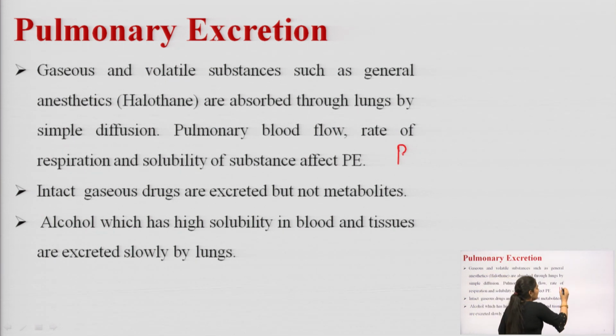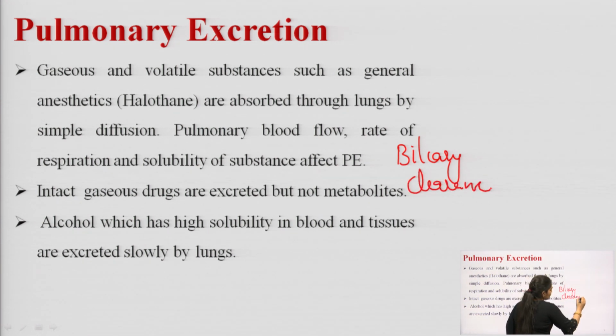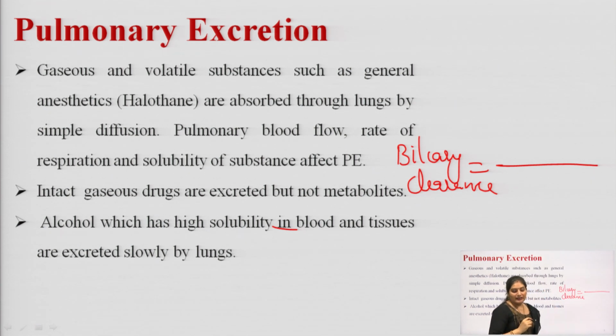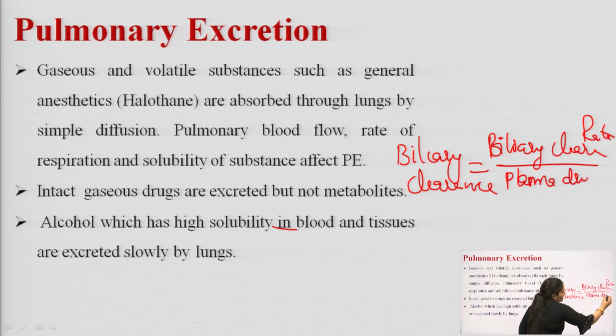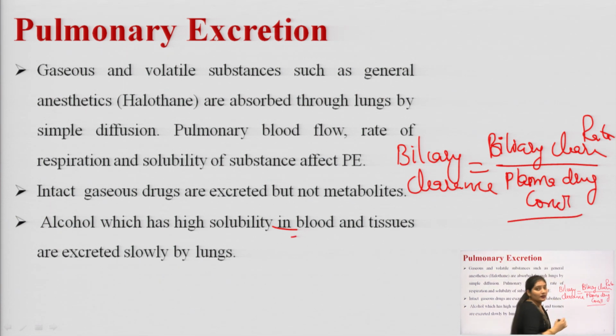In renal clearance, the formula is urinary excretion rate upon plasma drug concentration, and in biliary clearance it is biliary clearance rate upon plasma drug concentration.